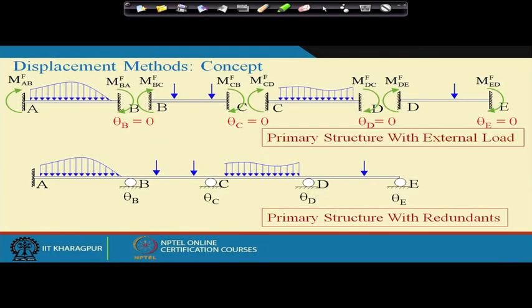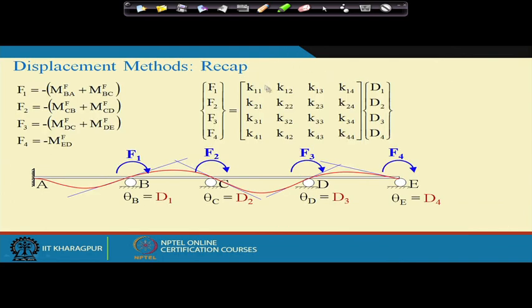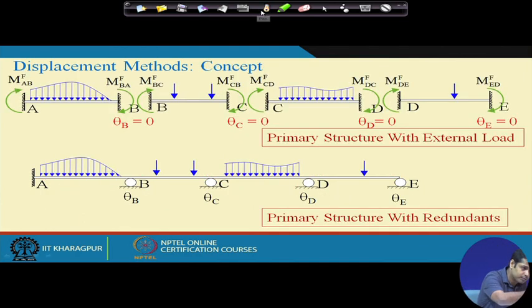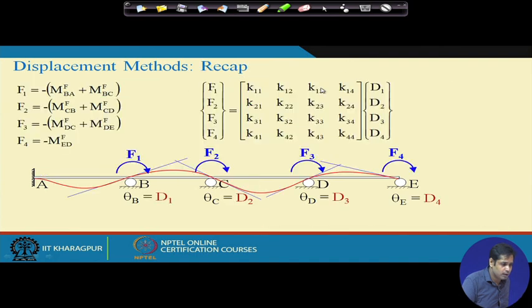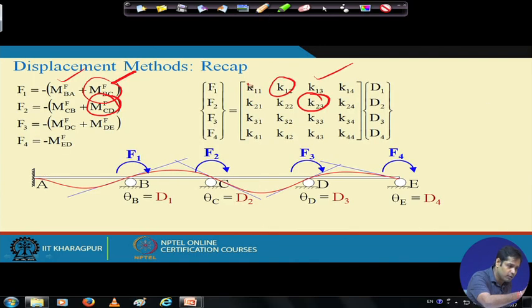One important thing: in the stiffness matrix, all the diagonal terms should be positive.